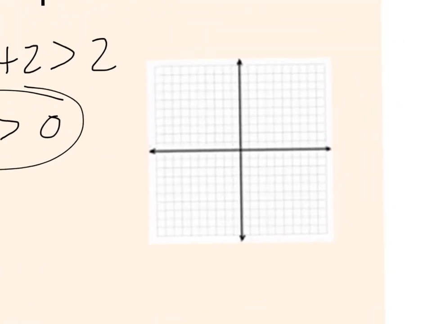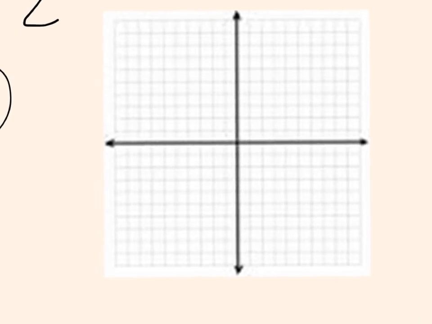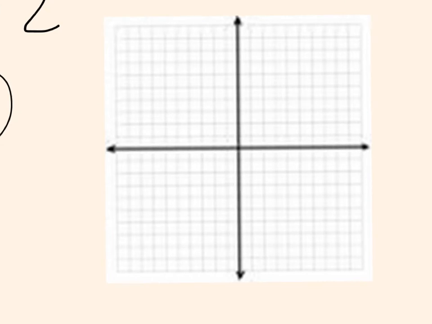Now remember how the y values involve horizontal lines? These will involve vertical lines because I'm just dealing with the x variable. I'm paying no attention to y. I would put a dashed line right here because that's x equals 0. And then over here at 1, 2, 3, -4, there's x equals -4. Dashed lines because these were strictly less than and greater than signs.